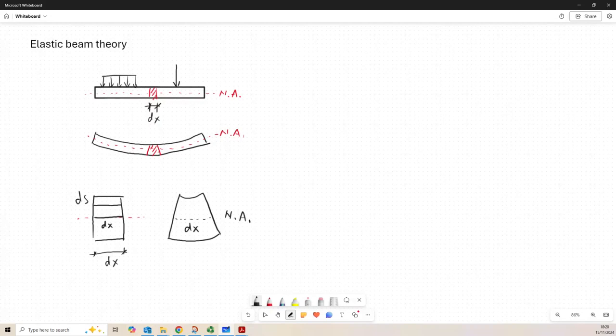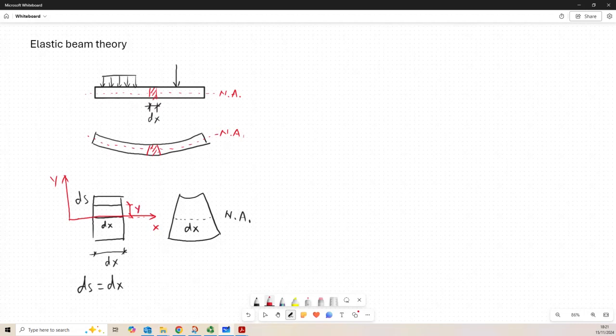So before deformation, ds is equal to dx. And if we set up a coordinate system, this is y, the x-axis is along the neutral axis, and we say the distance between ds and dx is y.